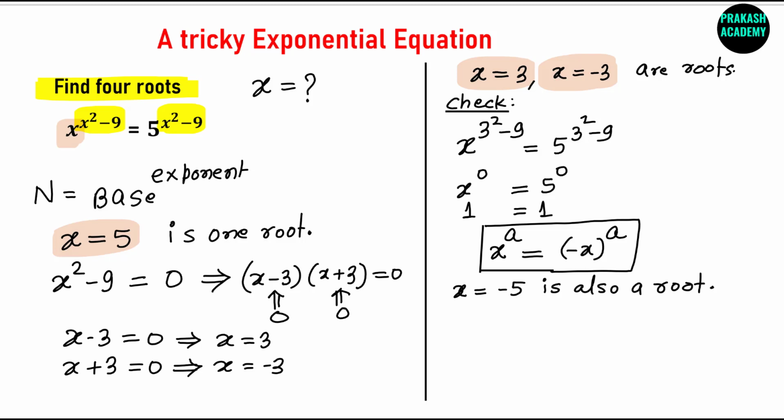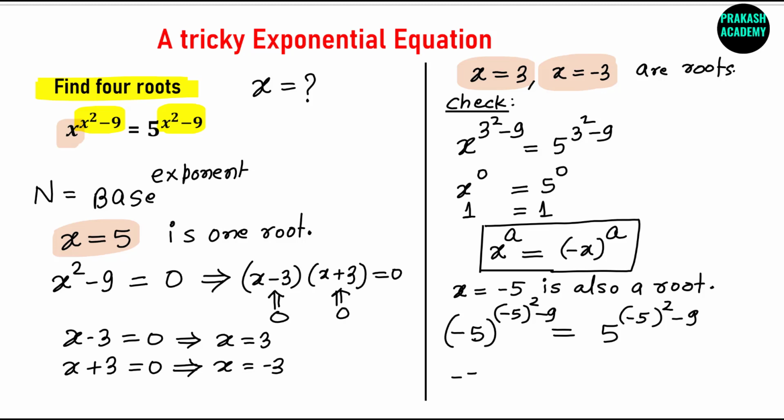So let us try to check this. So you will have x is equal to minus 5. I can plug the value of x in this expression. So minus 5 raised to the power minus 5 whole square minus 9, and this side I will have 5 raised to the power minus 5 square minus 9.